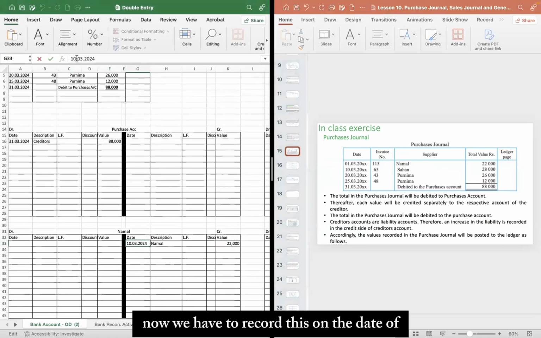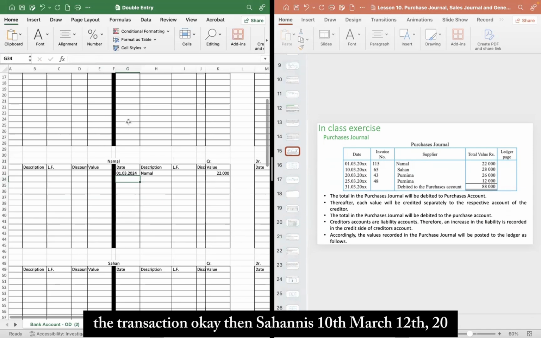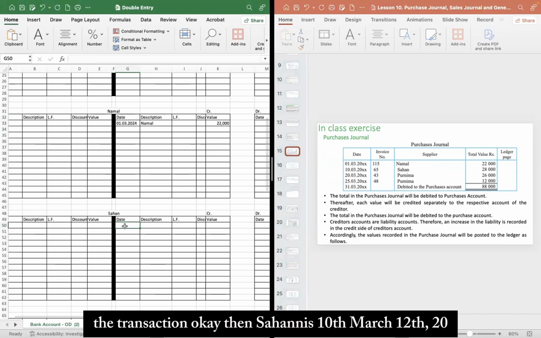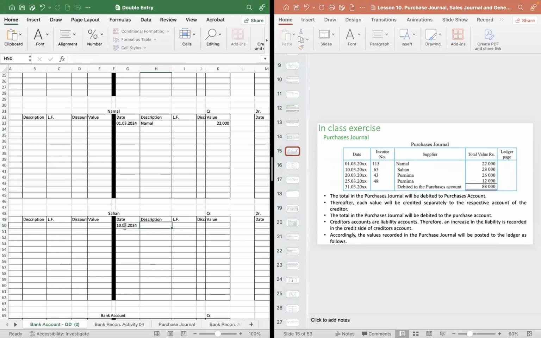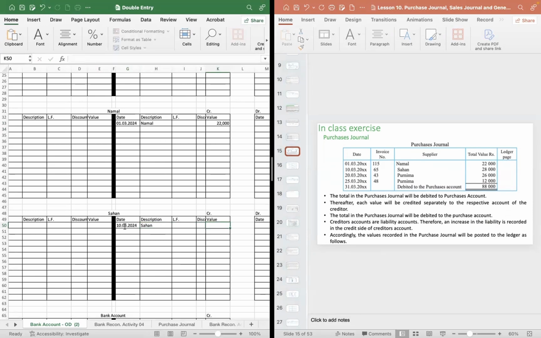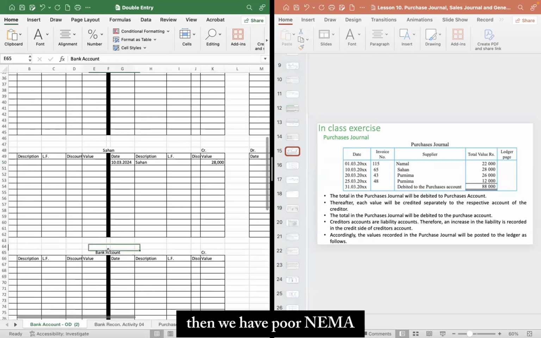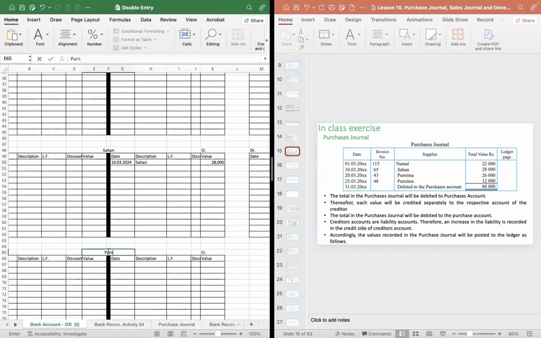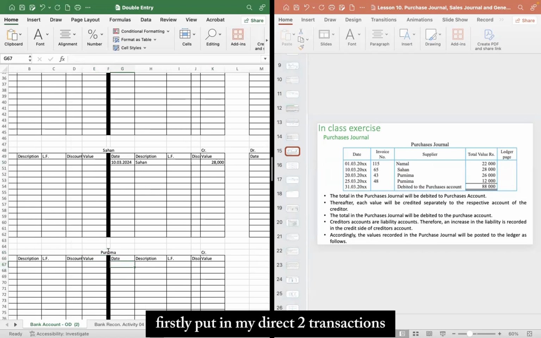Now we have to record this on the date of the transaction. Sahan is 10th March 2024, and Sahan is also a creditor, 28,000. Then we have Purnima. Firstly, for Purnima there are two transactions.